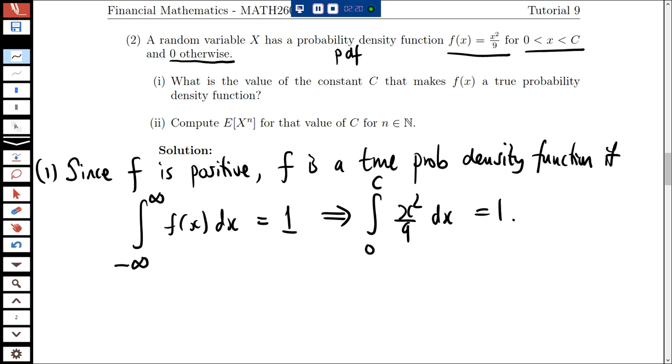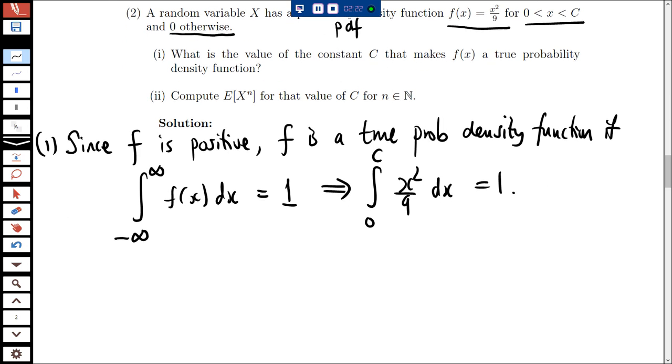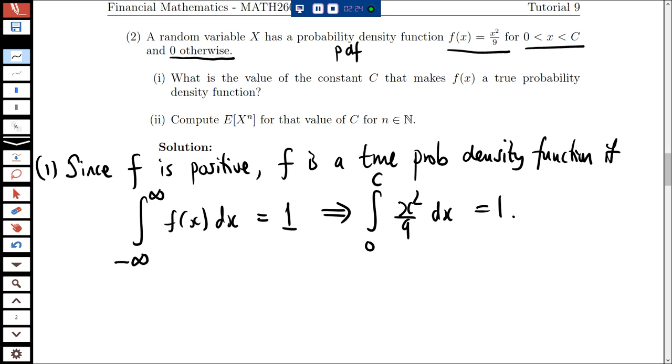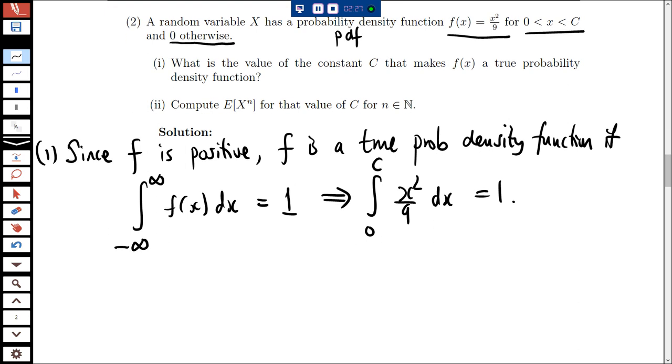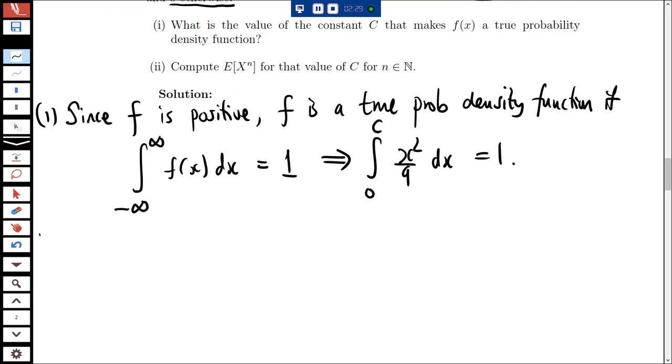We don't need to consider outside of the interval 0 to c because the PDF is 0 there, so we can just ignore that.